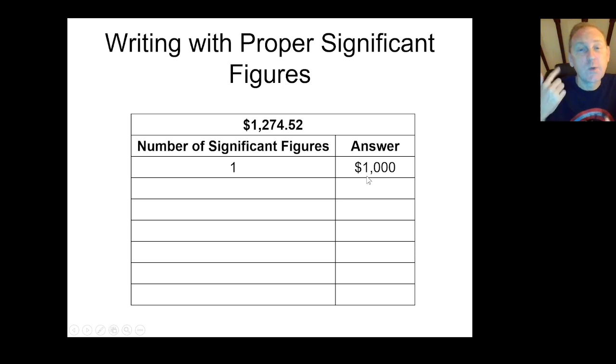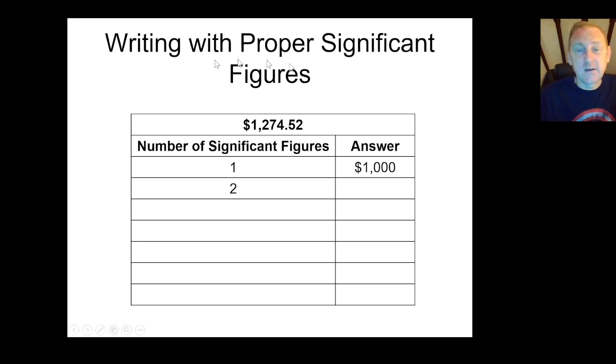You answered with 1 significant figure. These zeros are not significant. You are giving an imprecise number. The more significant figures, the more precise the value. So if you say how much was the phone and you said $1,274.52, people will be like, wow, I don't need that much information. You gave an answer with a lot of significant figures in it. So sometimes we round off. When we round off, the number becomes less precise. I hope that makes sense.